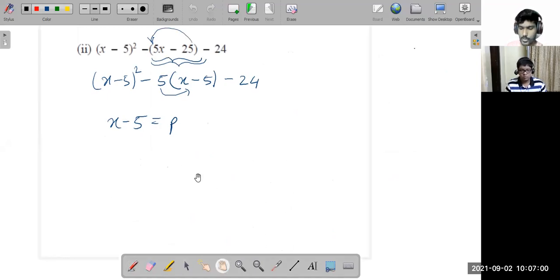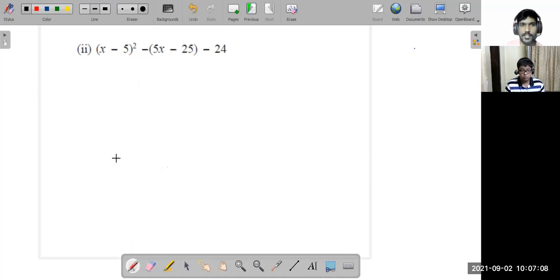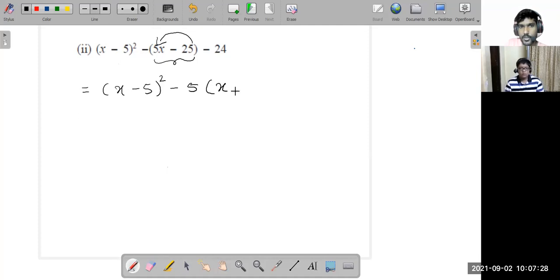So this one, what you do is first, as I had said, first x minus 5 whole bracket square. From this bracket here, 25 is a multiple of 5. Yes? Then what you do is take 5 common outside the bracket. So when you take 5 common outside, inside the bracket, you'll be left with x minus 5. 5 fives are 25. So x minus 5 and this last minus 24 as it is.